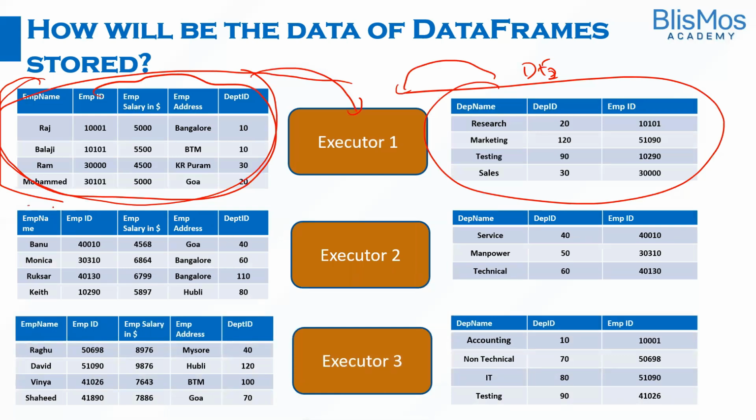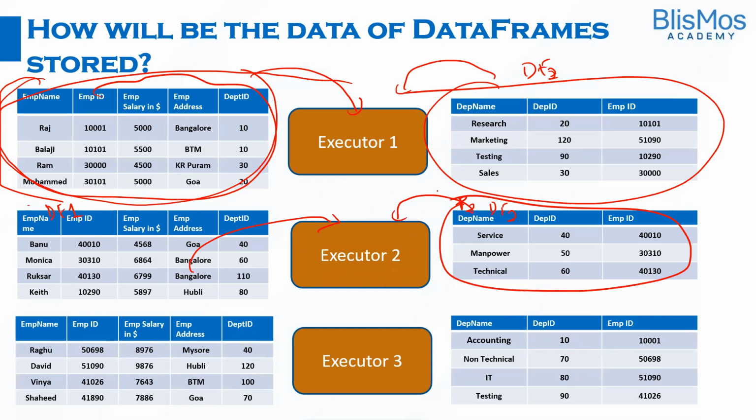So partition 2 of data frame 1 is taken care of by executor 2, and partition 2 of data frame 2 is also there as a part of executor 2.